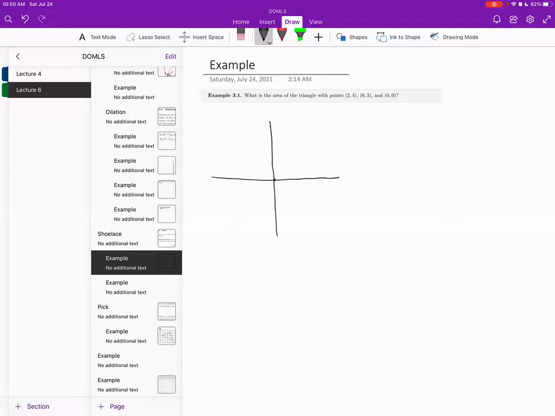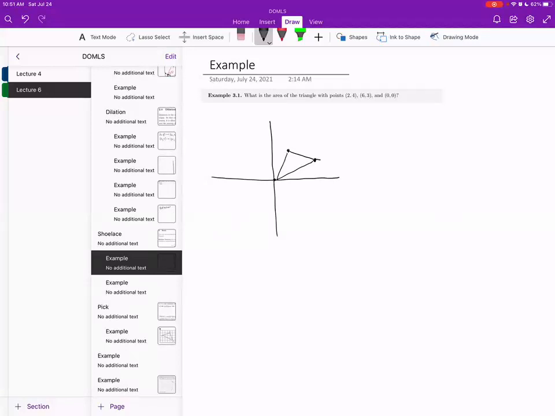We have 0, 0, and then 2, 4 is going to be somewhere here, and then 6, 3 is going to be somewhere here. So our triangle looks something like this. For a triangle, we can use any order because regardless of which way we go around the triangle, it's going to be counterclockwise or clockwise.